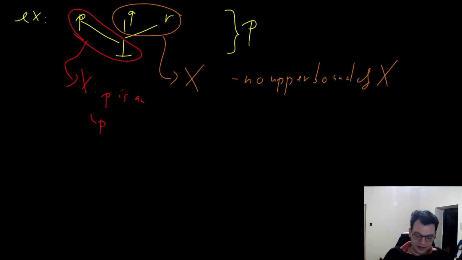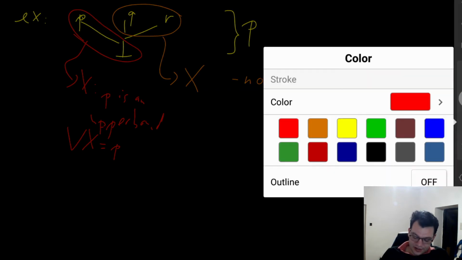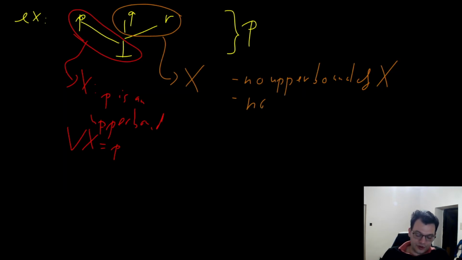So P is an upper bound of this X. Since there is only one upper bound, this is the supremum of X, that's also P. And in the last case, there is absolutely no supremum, because if your set is empty, then it cannot have a least element, because the least element is also a member of a set. So if the set of upper bounds is empty, then there is no least upper bound, so no supremum.